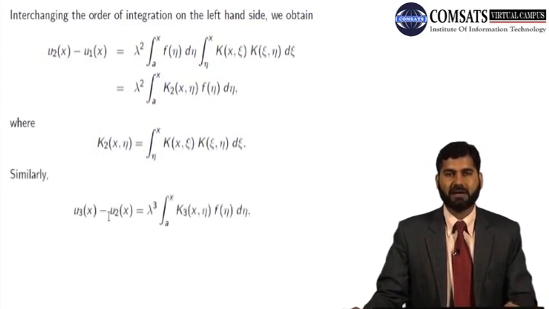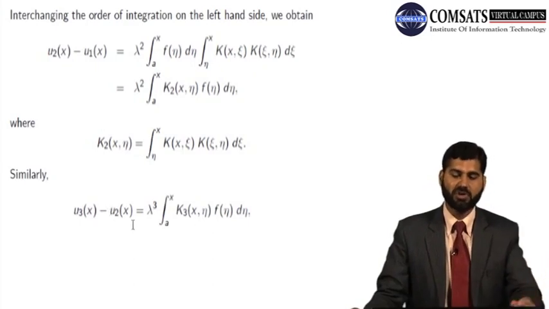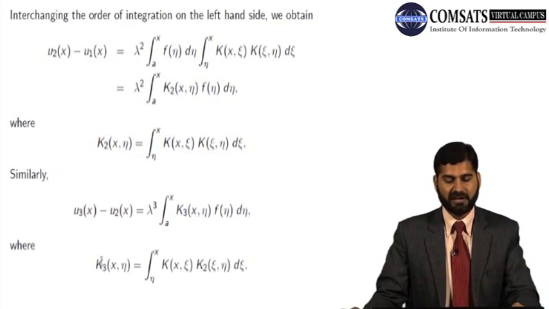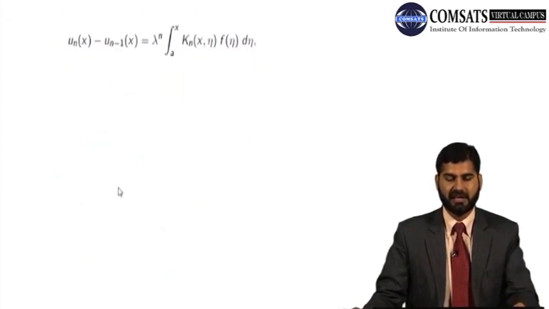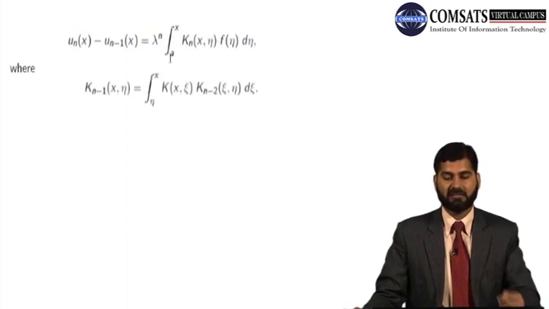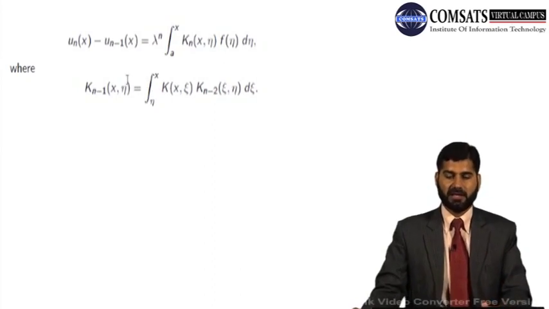Similarly, if you take the difference between u3 and u2, you will end up getting lambda cube k3, where k3 is given by this one. All the time you replace with this k: k, k2 gives k3, k, k3 gives k4, the next kernels. So the general relationship is like that. The difference is this one, where kn is given by k times kn minus 1.